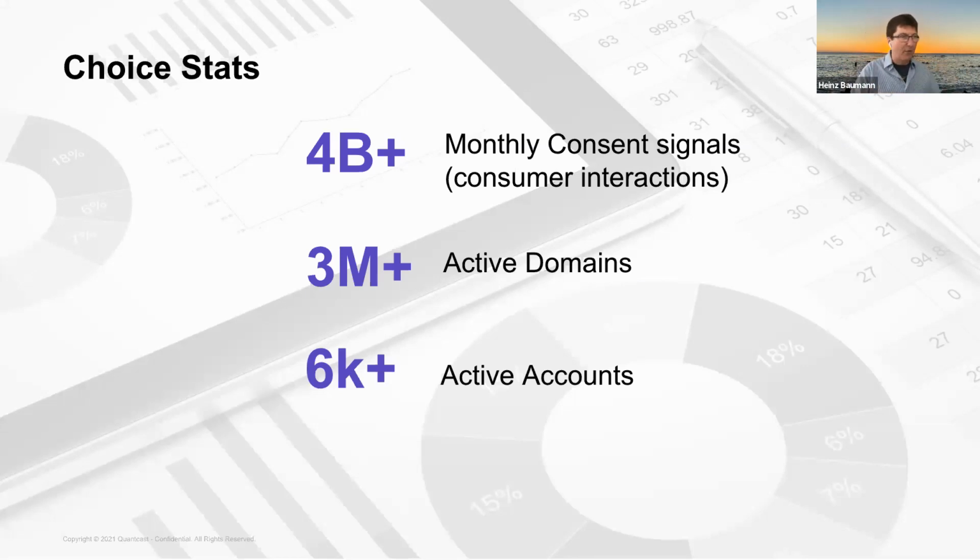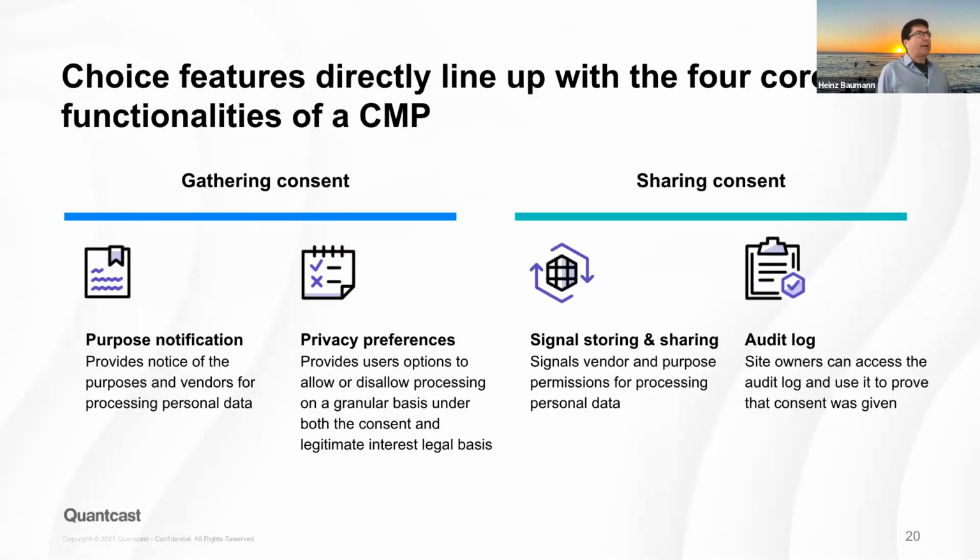There is about 150,000 individual publishers that we're seeing on a regular basis. So Choice features directly line up with the 4 core functionalities of a CMP, which are purpose notification, privacy preferences, signal storing and sharing, and collecting logs for auditing.